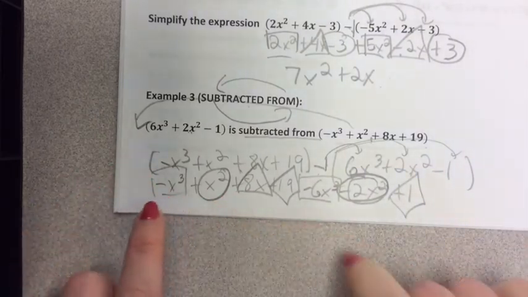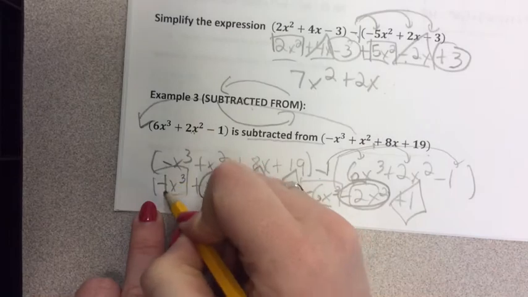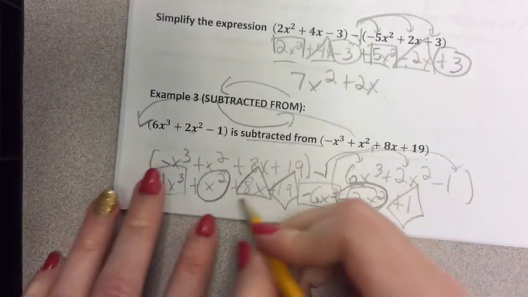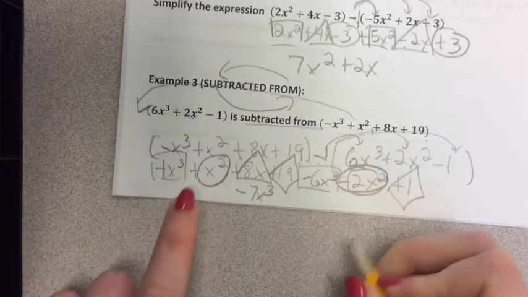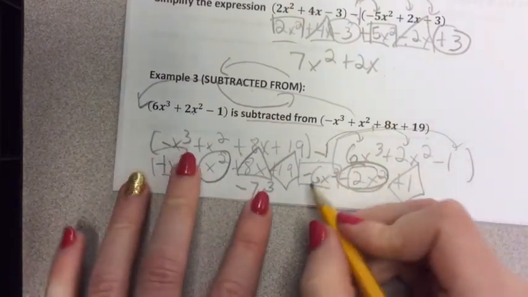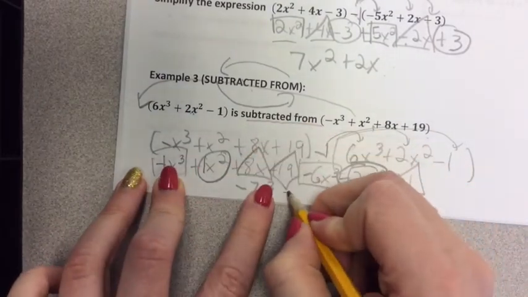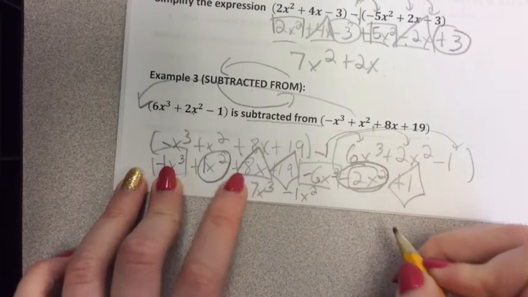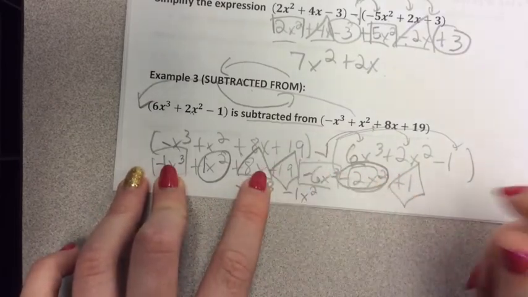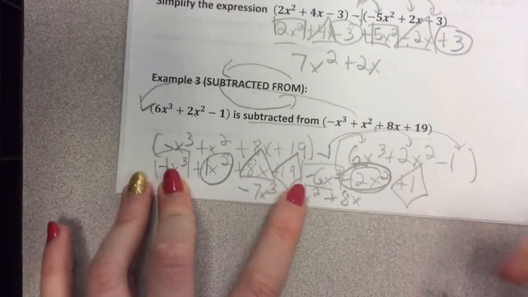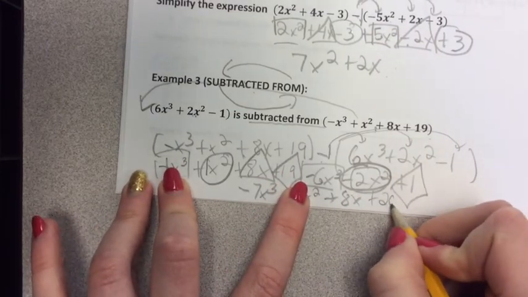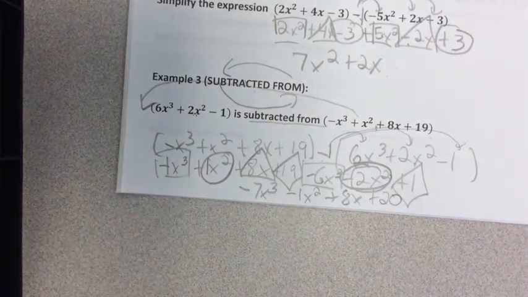Alright, so x cubed: negative 1x cubed minus 6x cubed is negative 7x cubed. x squared minus 2x squared gives us negative 1x squared. 8x, we already said there's nothing to combine with that. And then 19 plus 1 gives us 20. And that is how you add or subtract polynomials.